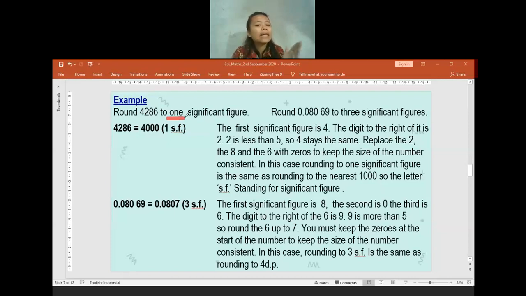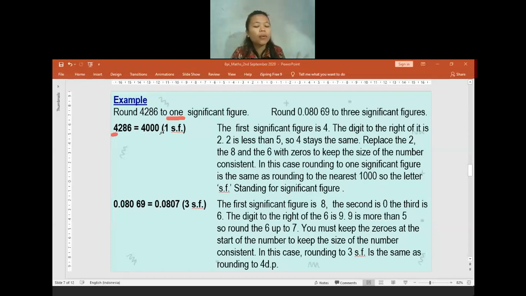We need to find the first significant digit. The first significant digit is the number 4. The 4 is at the 1000 place, so it is the same as rounding off to the nearest 1000. We have 4,286, round off to the nearest 1000. So the answer will be 4,000.